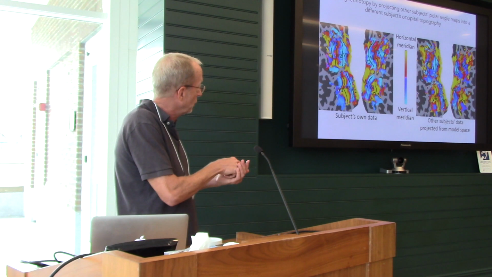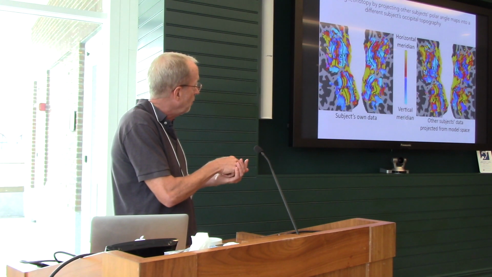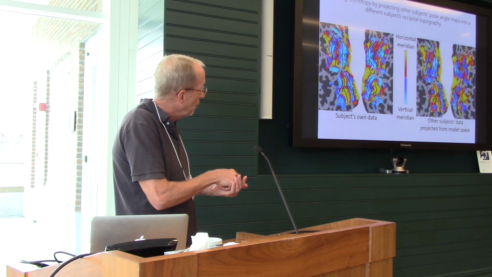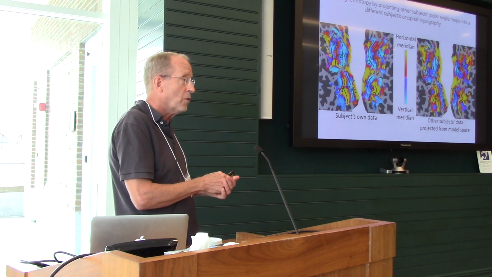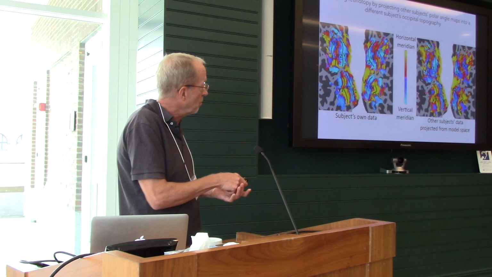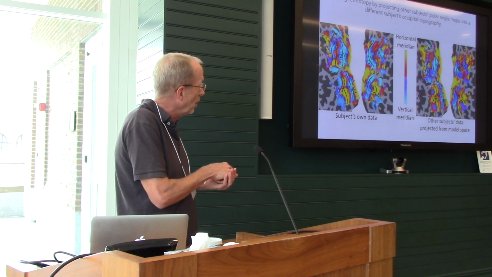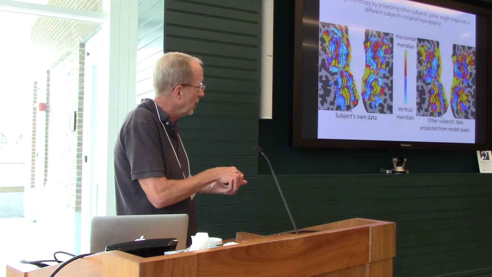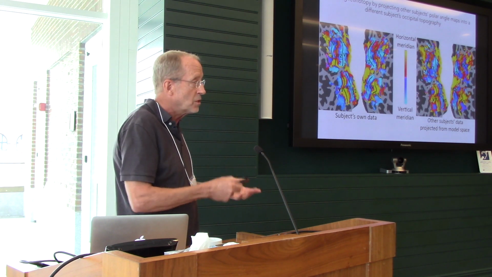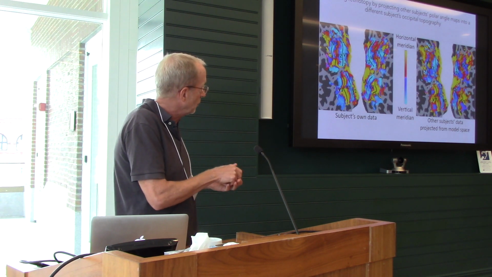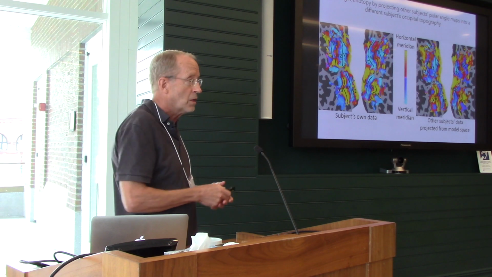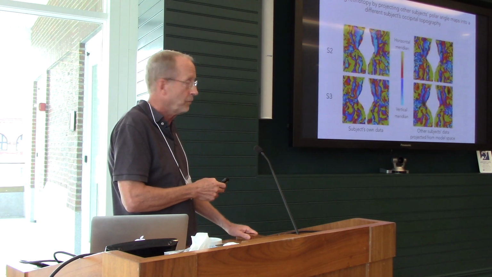This is the polar angle map in V1, V2, V3. This map is data that have been projected from other subjects through the common model space into this subject's anatomy to map out an estimate of where the representation is of different polar angle locations based on other subjects' brain responses. And you can see it's strikingly similar to the subject's own retinotopy map.